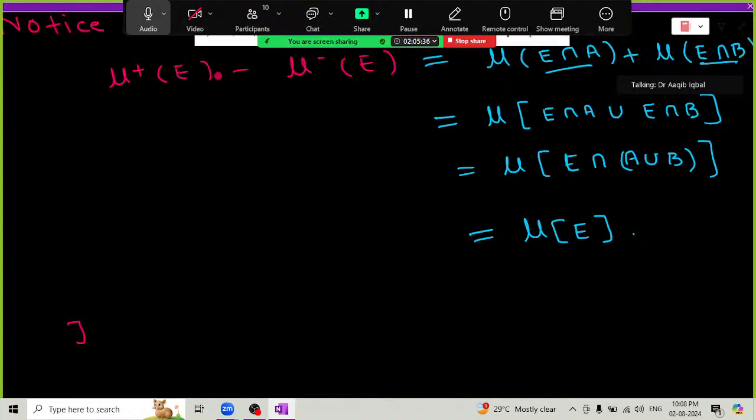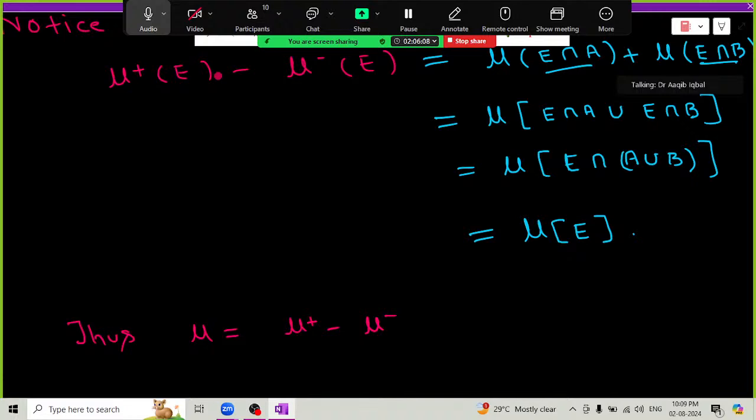Thus, mu is equal to mu plus minus mu minus. ठीक है, तो mu is equal to this, ये आप ऊपर से देख सकते हैं.